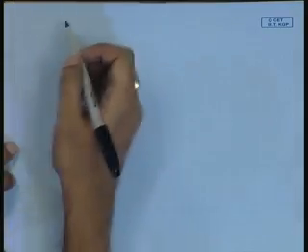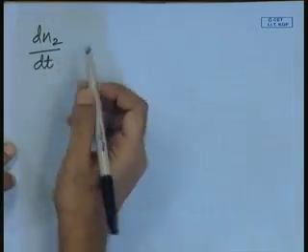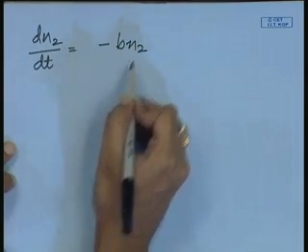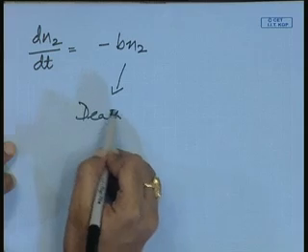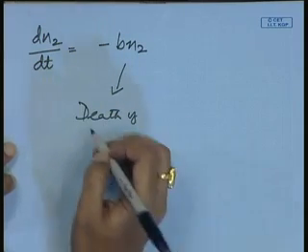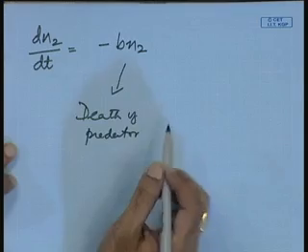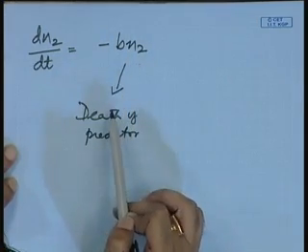Now, if I am to do a balance on the predator, that would be dN2/dt equals minus B N2, which is death of predator. Why is it independent of the prey? Because the death of the predator has nothing to do with the prey in general.